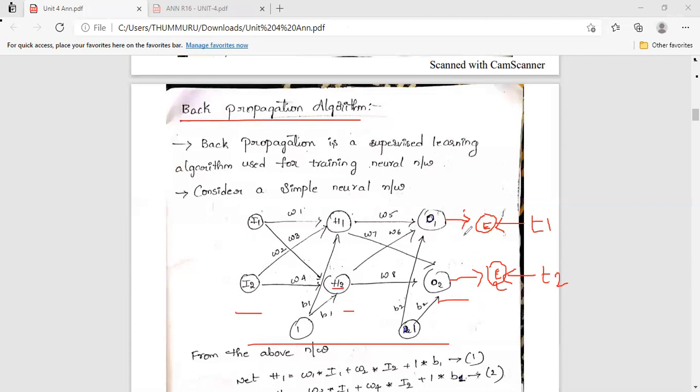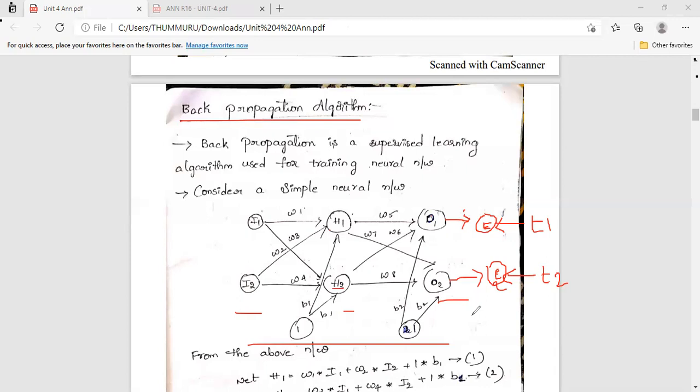Okay, out of O1, out of O2 are the actual outputs of the network. T1, T2 are the expected or target outputs, which are assigned by a human being, isn't it?